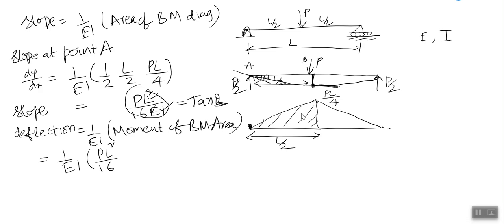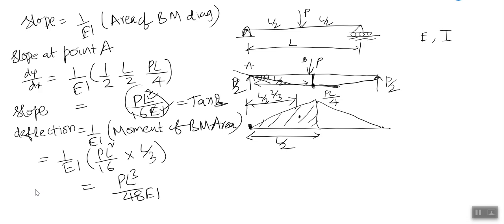Here is our CG, center of gravity, and the distance must be L by 2 into 2/3, which is L by 3. So this into the distance L by 3 will give us P into L cube by 48 EI.